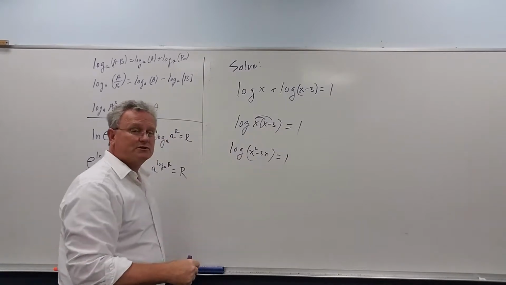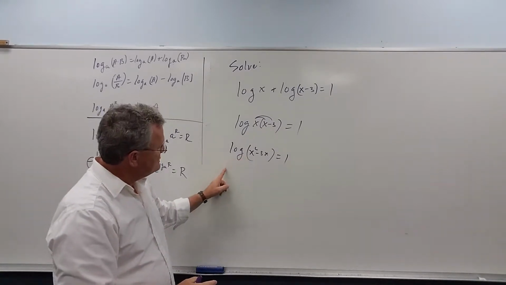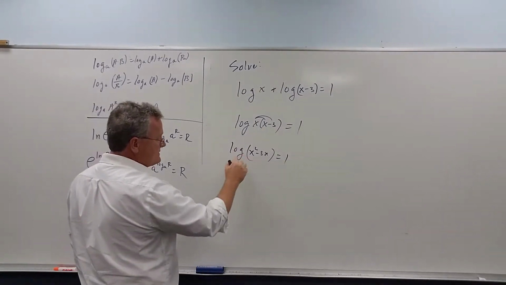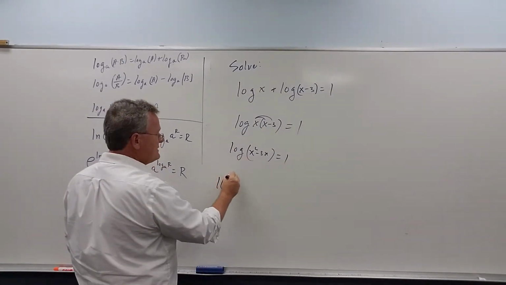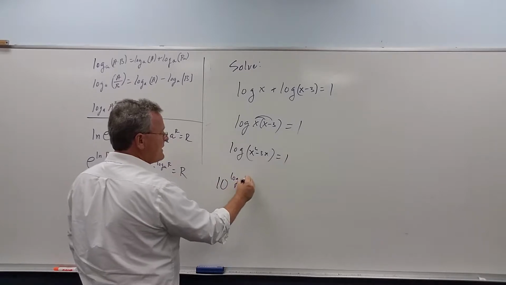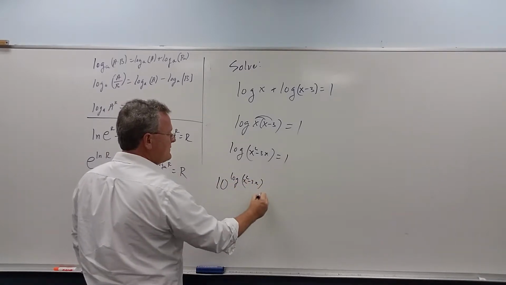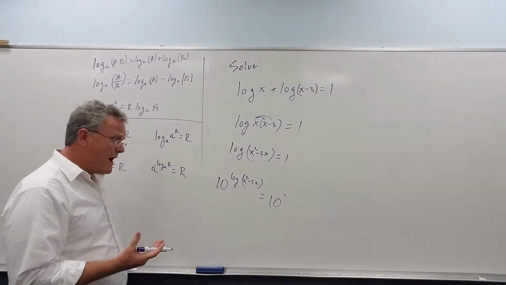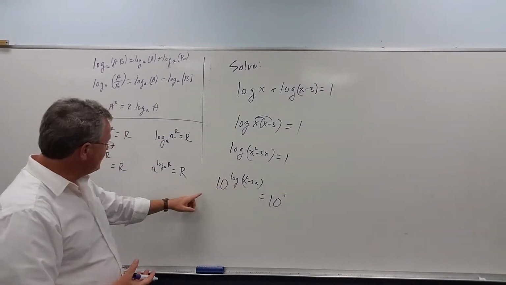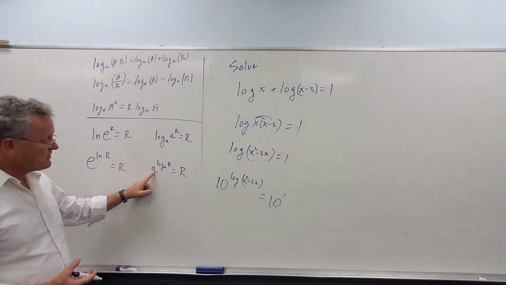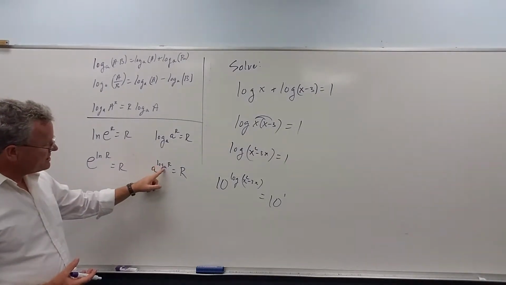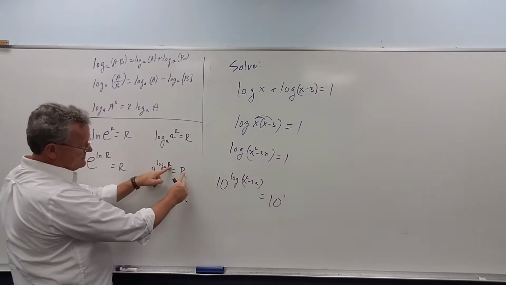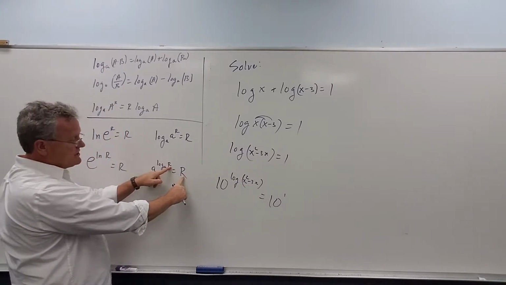If this base was 7, then you would do 7 raised to both sides. But again, this is base 10, so we do 10 raised to the log of x squared minus 3x equals 10 raised to the first power. Why did we do that? Because of this property right here: 10 raised to the log base 10 of x squared minus 3x equals x squared minus 3x.